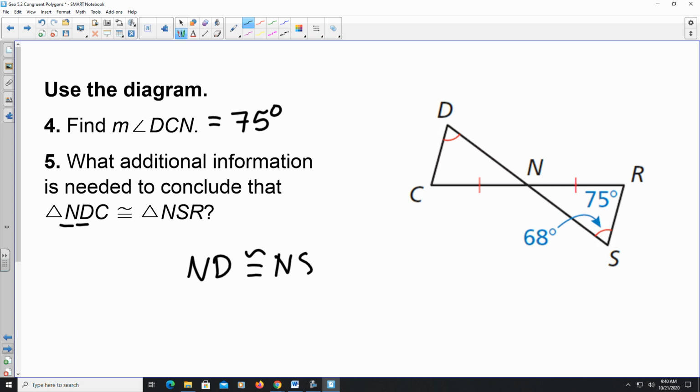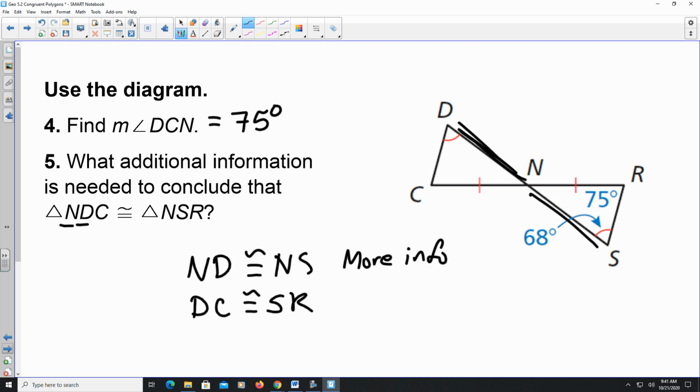ND is right here and NS is right here. There are no hash marks, so I need more information. Next, is DC congruent to SR? DC is right here, SR is right there. I would need more information.